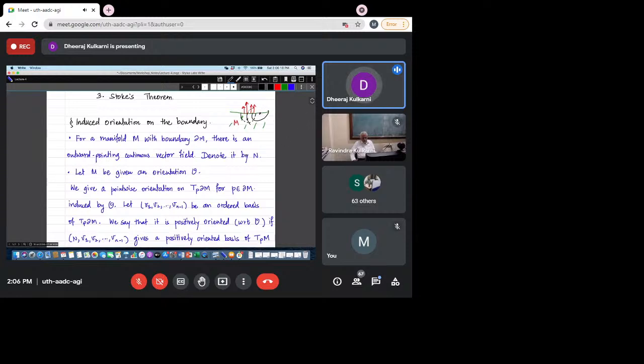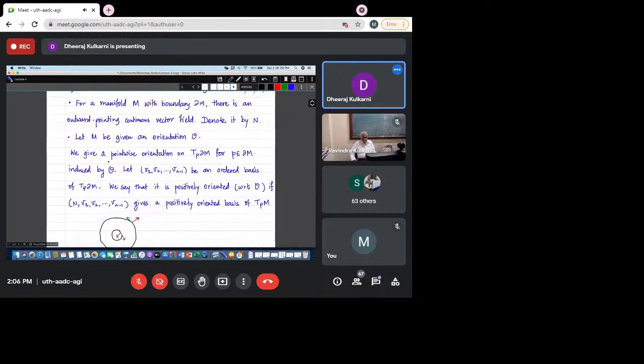So we are going to denote it by N, and the induced orientation on the boundary of M is going to be as follows. How do we orient the tangent spaces of the boundary pointwise, so that the orientation of M is used while orienting the boundary?